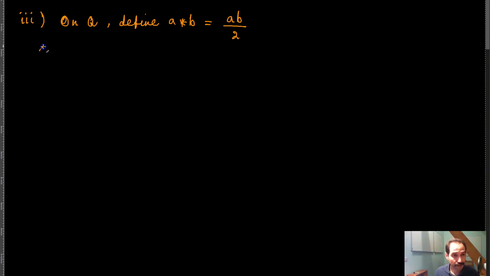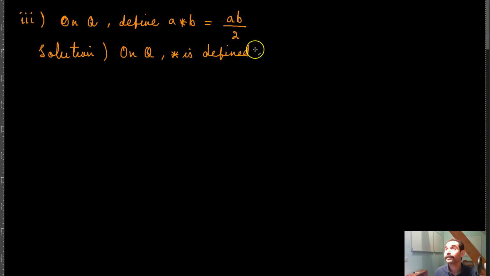So as the solution, you can say that on Q star is defined by A star B is equal to A times B divided by 2.